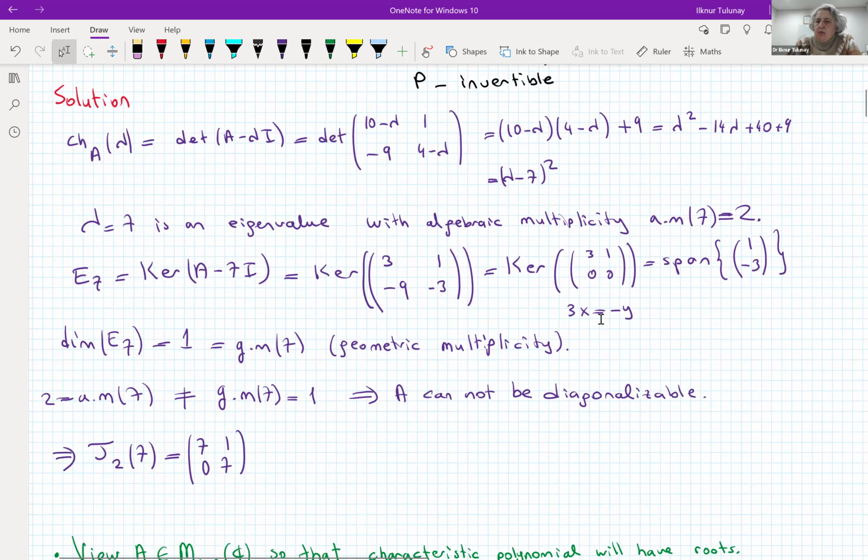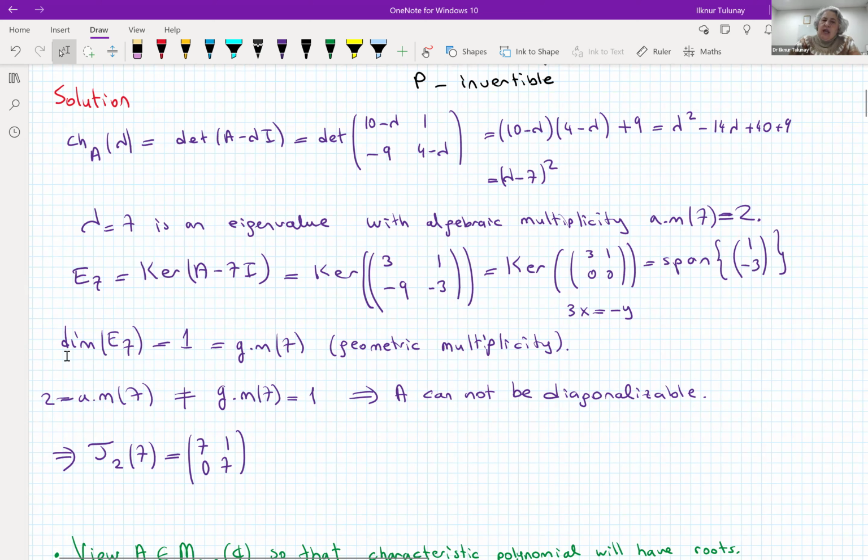Then if you put x equal to 1, then y will be minus 3. So we can choose this as a simple representation of the basis of this space. The span is all multiples of this vector. So this is the basis of the eigenspace, the 7 eigenspace.